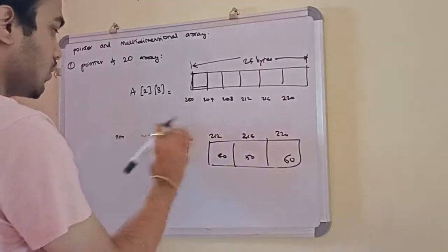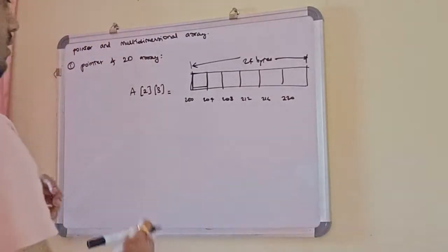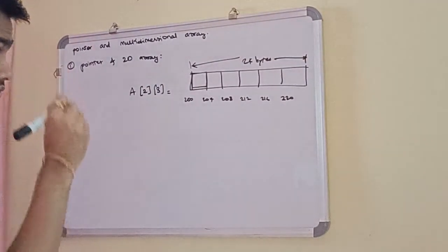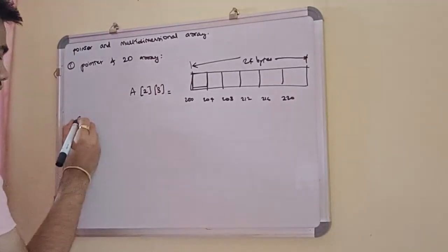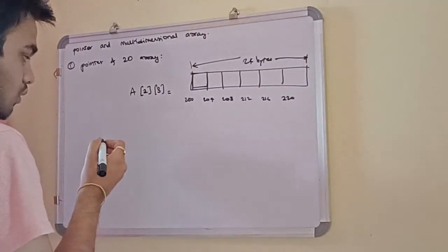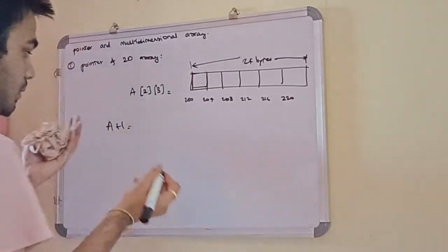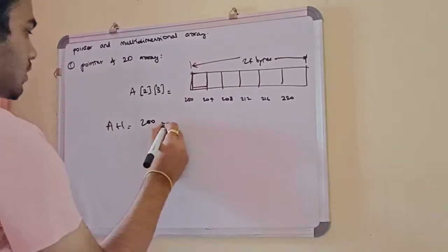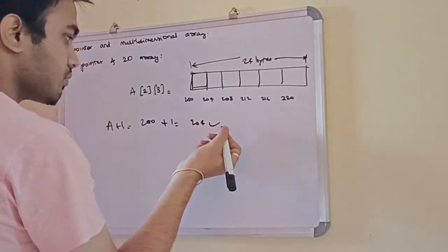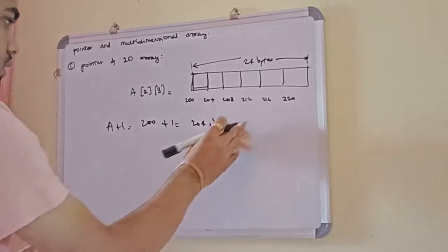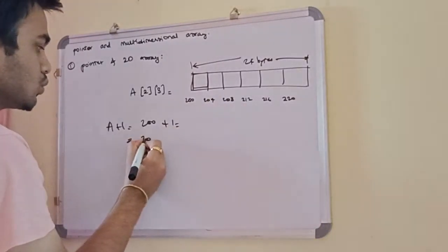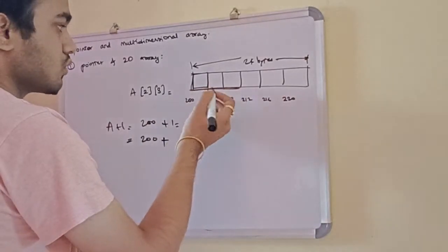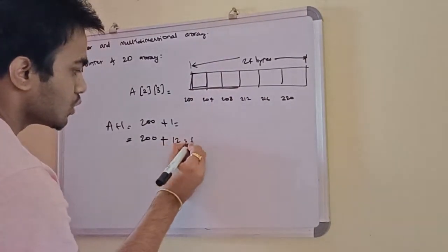Now, how to print the elements in a 2D array. There is another concept of arithmetic. If we do a plus 1, what will be the value? Actually a is 200, plus 1, so is it 204? No, 204 is the wrong answer. The answer is 200 plus, this is of size 3, so 3 into 4 is 12, so it's 212.